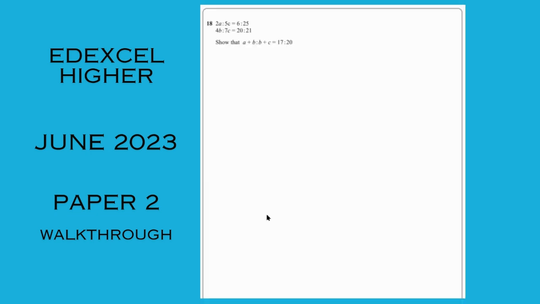So for number 18, we've got one of the least friendly looking linked ratio questions I think I've ever seen. But here we go, let's take the top equation. If you've got 2a to 5c being 6 to 25, you can just read in that a must be 3 and c must be 5.